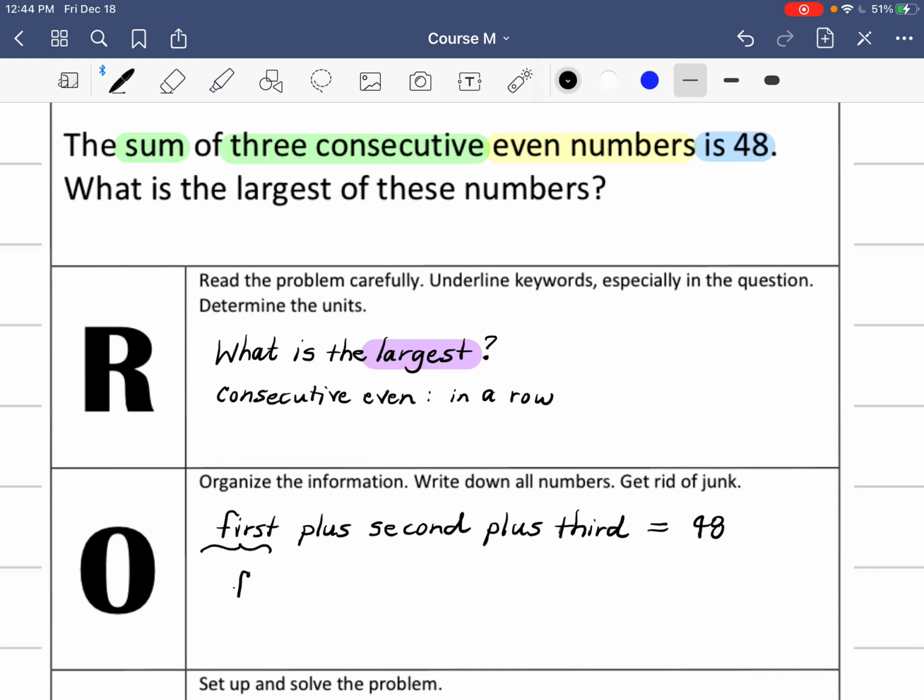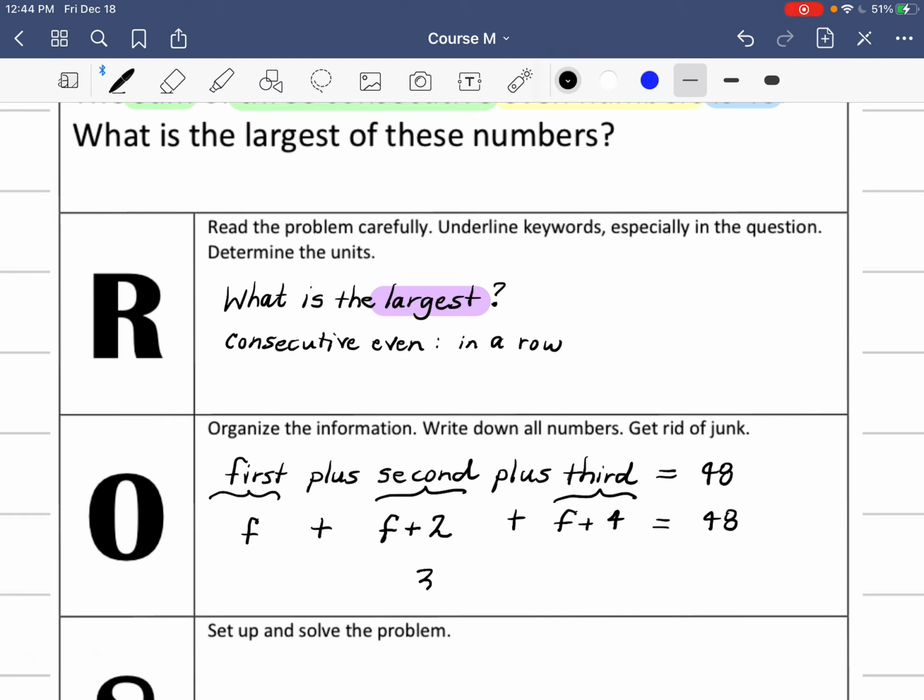And the first is always F. Now, if I want even numbers, it would be F plus 2. And then the third one would be F plus 4, because we have to jump the odd numbers. We can't just add 1 every time. We have to skip over the odds. So that will give me a total of 48.